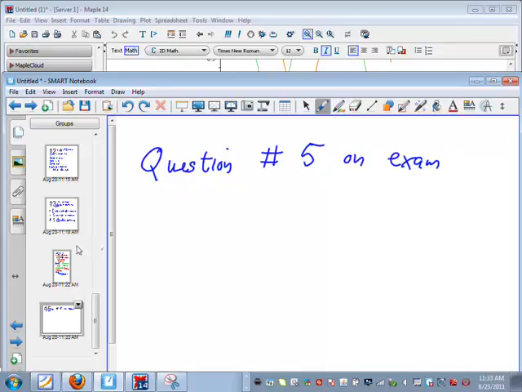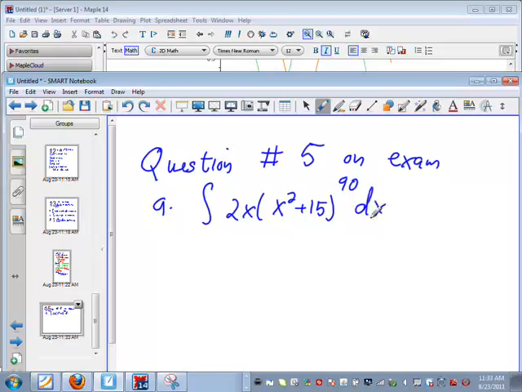So we're talking about an antiderivative of 2x times x squared plus 15 to the 90th. This one was on the final in Calc 1 last year, something like x squared sine of x to the 3rd dx. It may have been cosine.